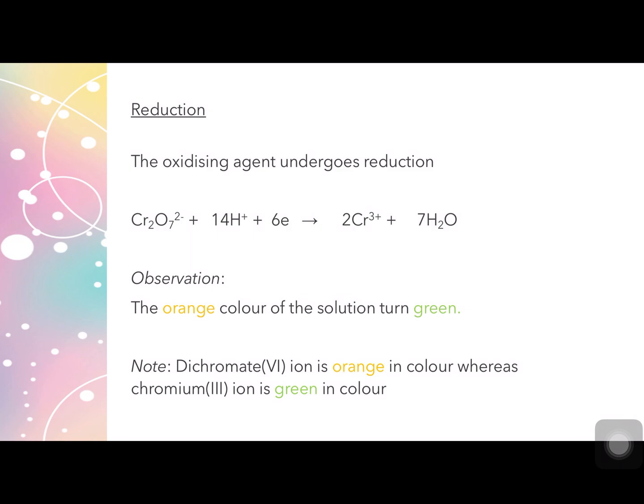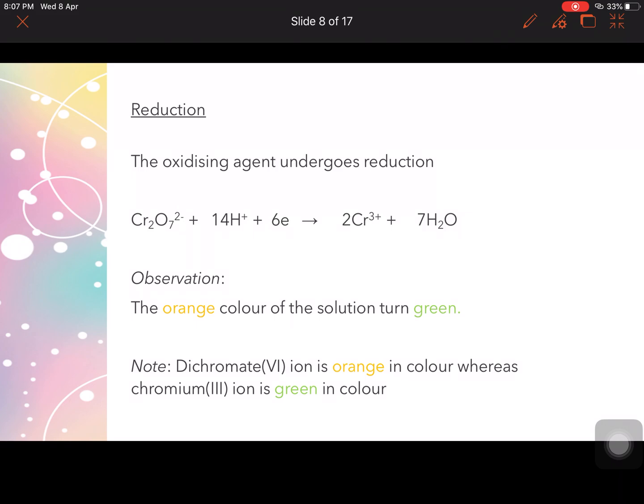Let's do the reduction process. The reduction process will be the oxidizing agent, the one we had earlier, K2Cr2O7. This is acidified potassium dichromate.